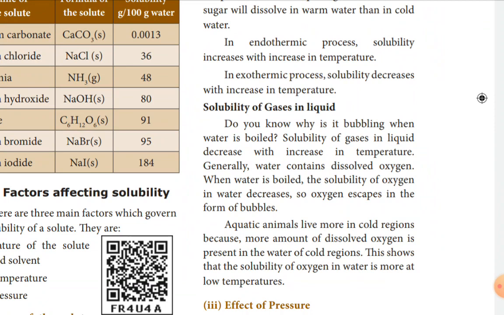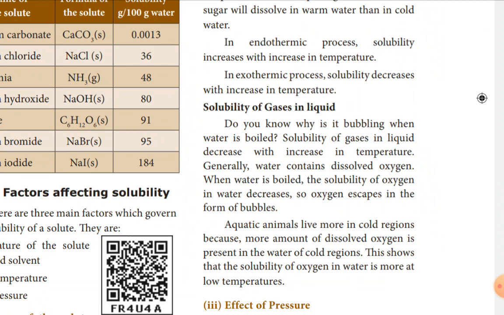For example, aquatic animals live more in cold regions because more dissolved oxygen is present in the water of cold regions. This shows the solubility of oxygen in water is more at low temperature. Solubility increases when temperature decreases.